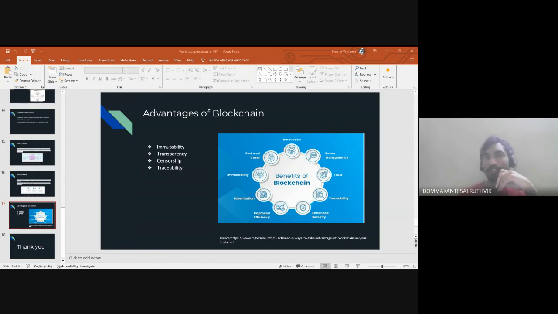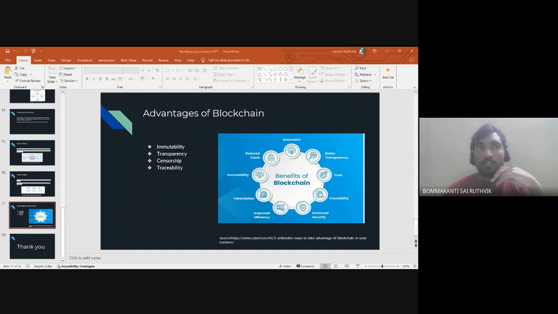In blockchain, there is transparency, so there is a record of things happening.